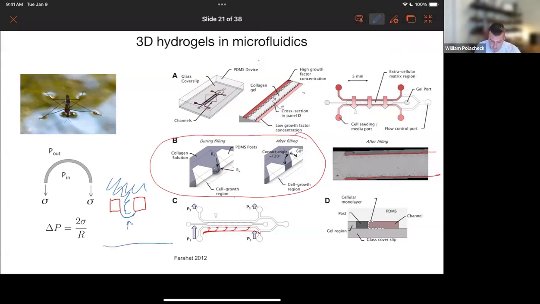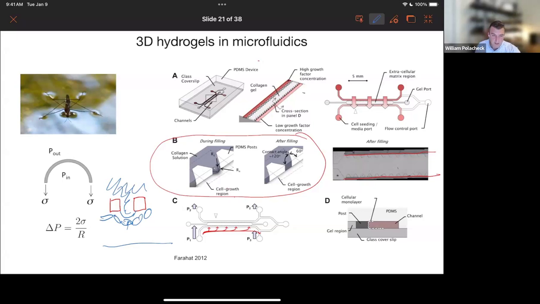These devices are made so that you eventually seed this channel with cells, and that little bulge between the square channels makes seeding annoying.